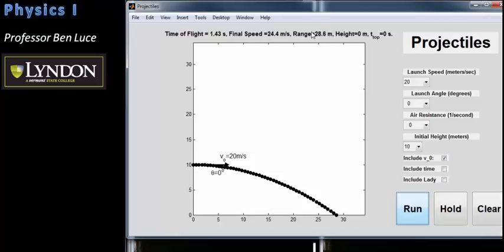In fact, the range was, to 3 sig figs, 28.6 meters. The total time of flight was 1.43 seconds, and the final speed was 24.4 meters per second. So let's see if we can calculate these three numbers from scratch and work out how this problem differs from the previous one.